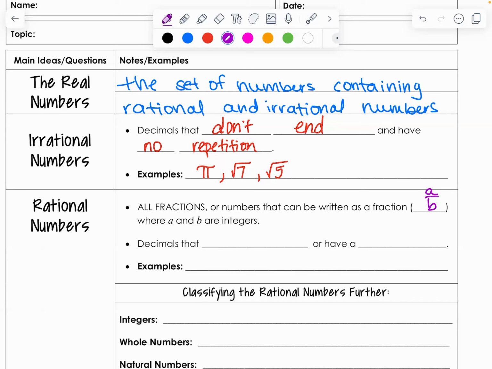What if they're written as a decimal? Well, basically, if it's not irrational, it's going to be rational. So these decimals either end or they have repetition. It's going to be one or the other.